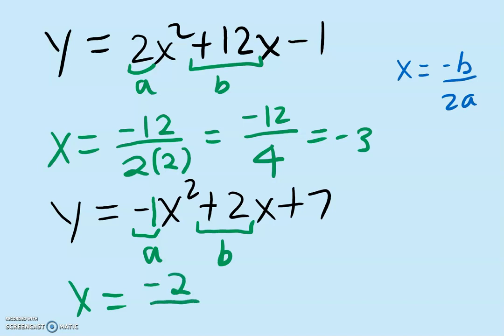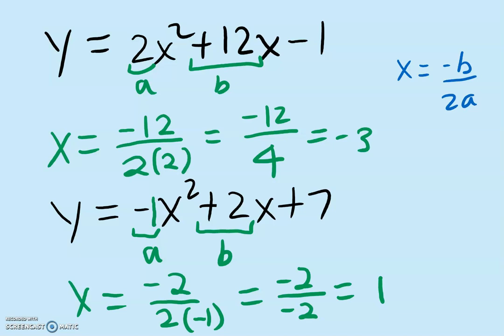Negative 2 over 2 multiplied with a, which is negative 1. This is equal to negative 2 divided by 2 multiplied with negative 1, which is negative 2. So negative 2 divided by negative 2 is equal to positive 1. And so here are two examples of how to find the x-coordinate.